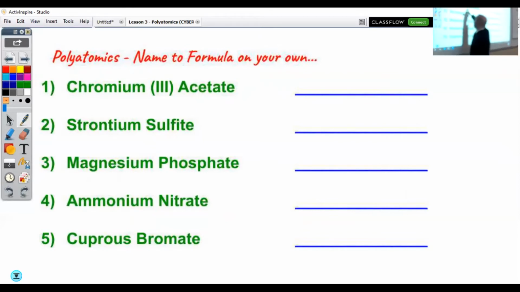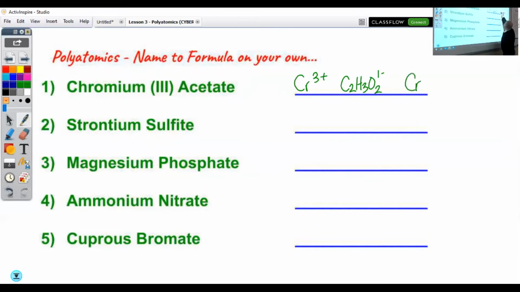So in our example number 1, we have chromium 3, Cr with a 3+, and we have the acetate ion, C2H3O2, with a 1 minus charge. In order to get the charges to cancel out, I have positive 3 here and negative 1. I need 3 copies of this acetate ion.